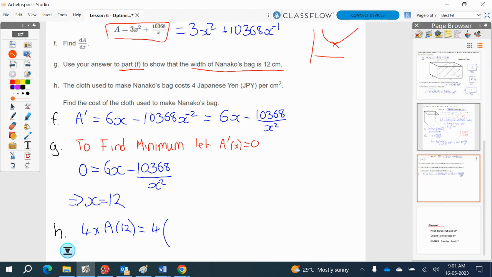So 4 bracket 3 bracket 12 squared plus 10,368 over 12. We get 1,296, yeah.